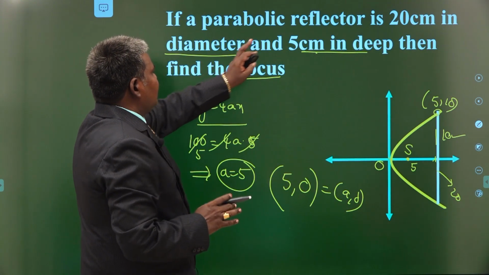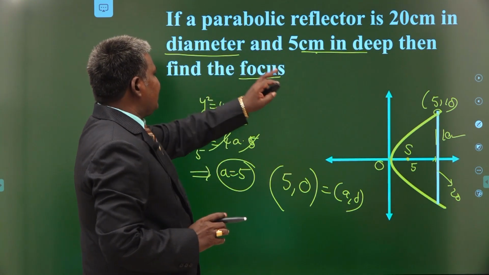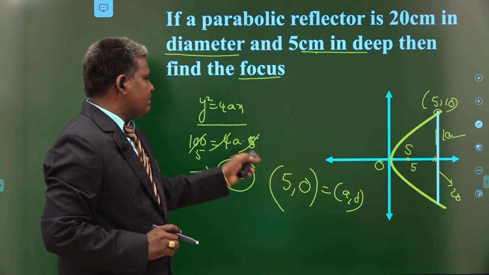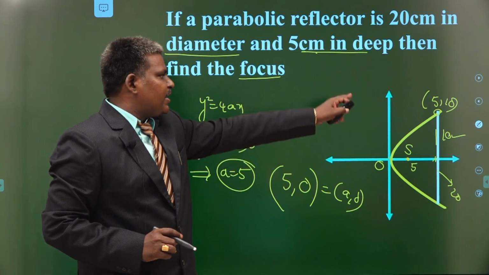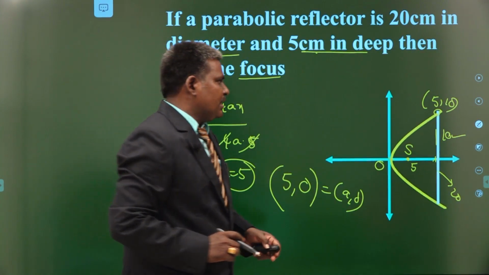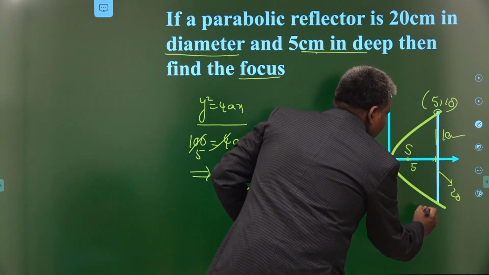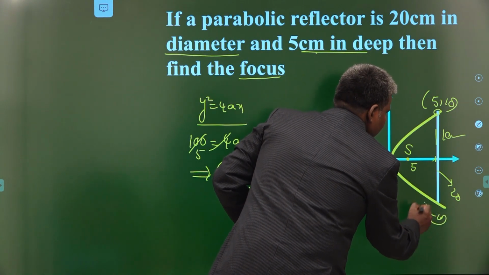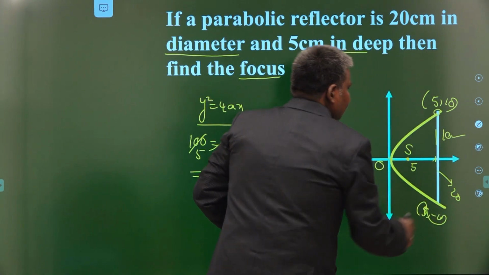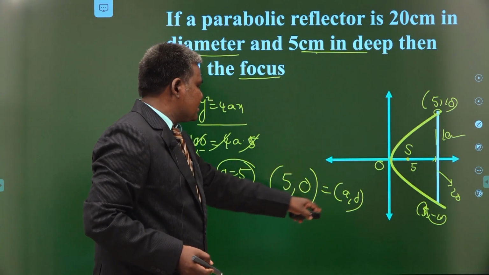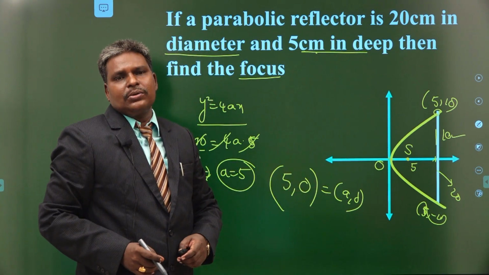So for this problem, reflector diameter is given to you, depth is also given to you. You can find the coordinates of the focus in this manner, just by finding the coordinates of your extremity. What are the coordinates of this point also? This is 5, -10. So the distance from here to here is 20 units. So what are the coordinates of focus? 5, 0. Thank you.